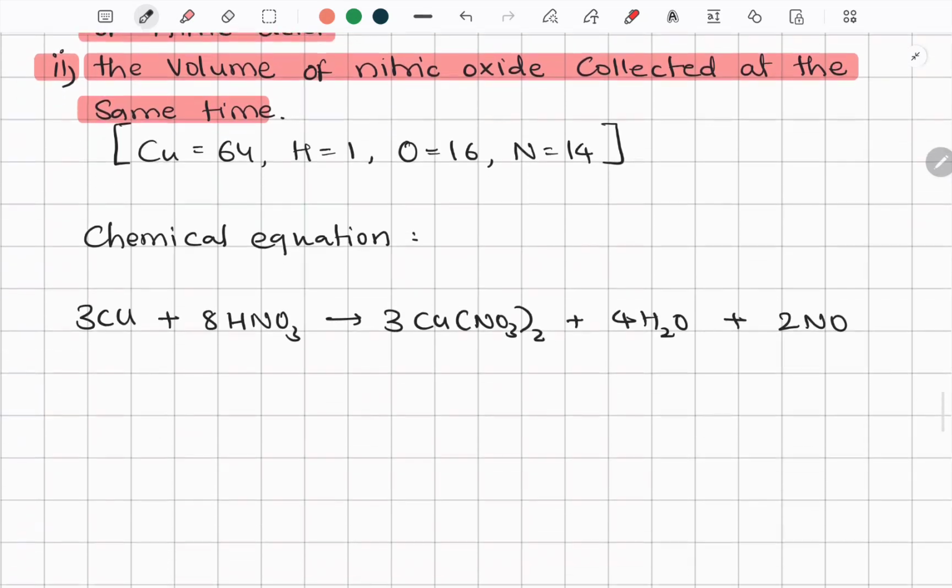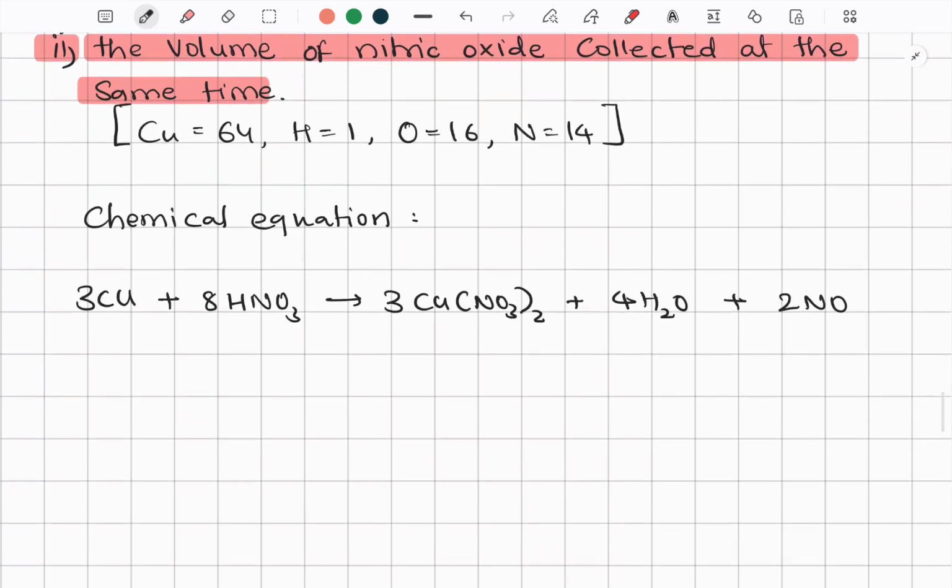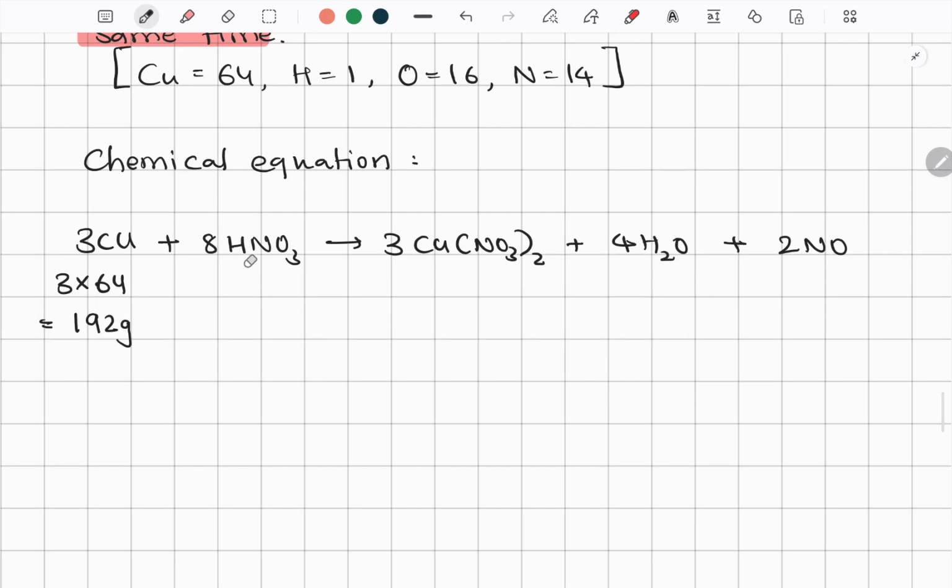Now we have to calculate the molecular mass. Copper's molecular mass is going to be 3 into 64, which is equal to 192 gram. HNO3 is going to be 8 into (hydrogen is 1, nitrogen is 14, and 3 times oxygen, which is 3 into 16).